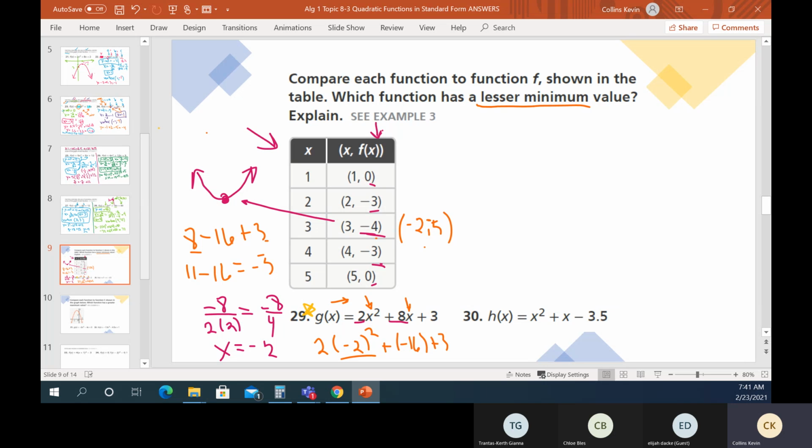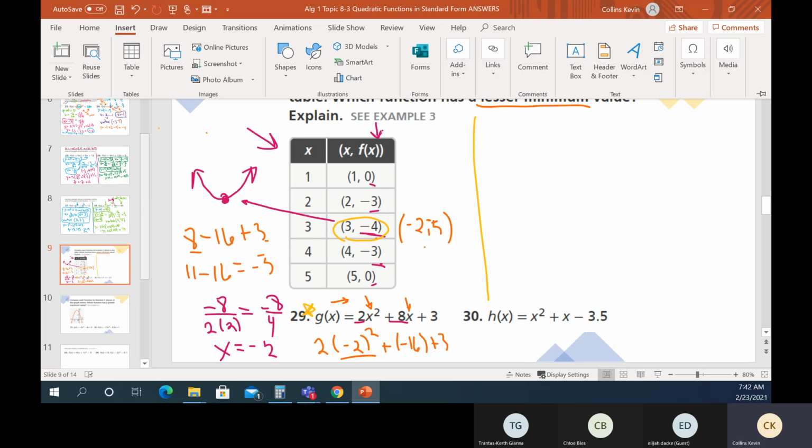All right, so the next one, we're going to compare him to the same graph. So we're still looking to see, is this one going to go lower than -4? Okay. All right, then, so same deal. We're going to go figure out our vertex here.